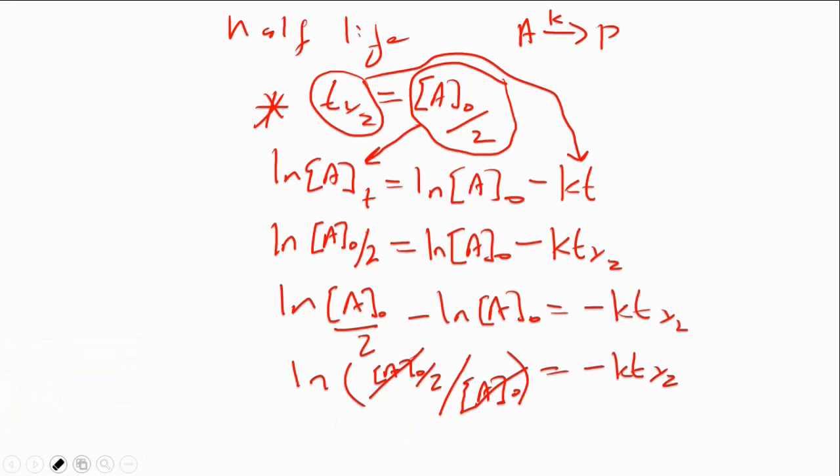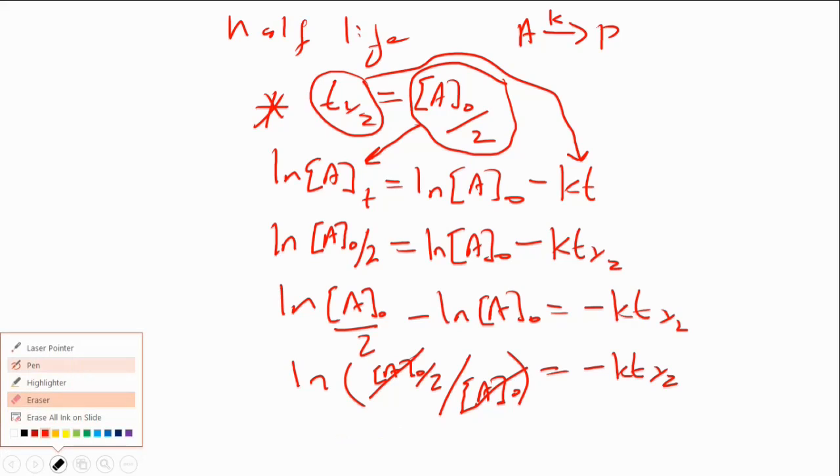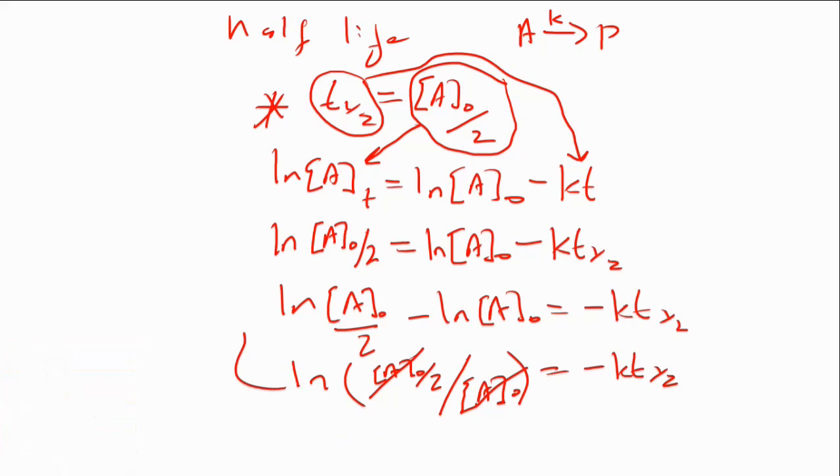Let us not create a mess. I'll just start back up here. So what we have remaining is ln a half is equal to minus k t half.